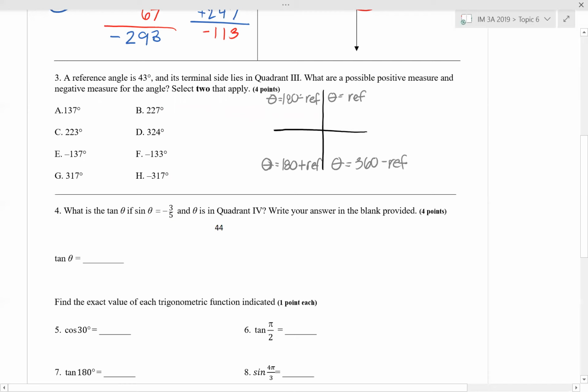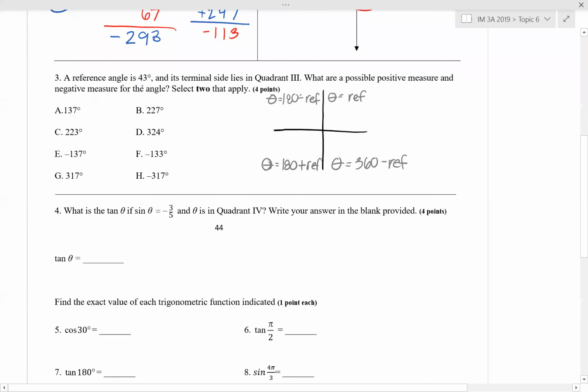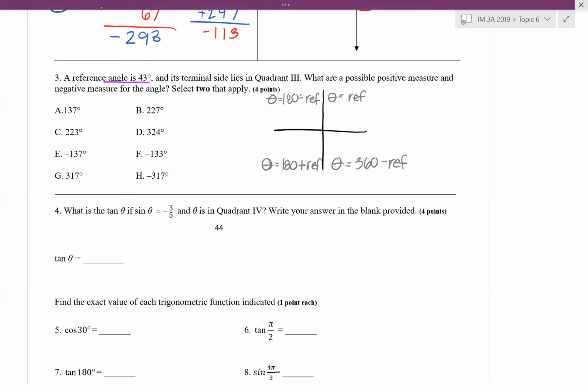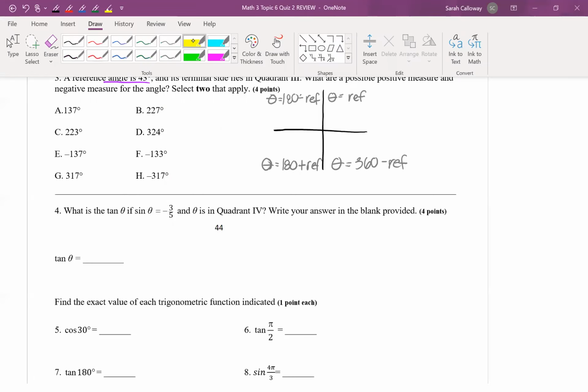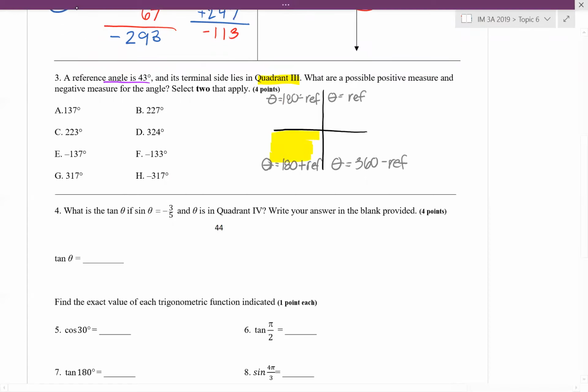So if we read what they're telling us about this angle, the reference angle is 43 degrees and its terminal side lies in quadrant 3. So the end of the angle ends up in quadrant 3.